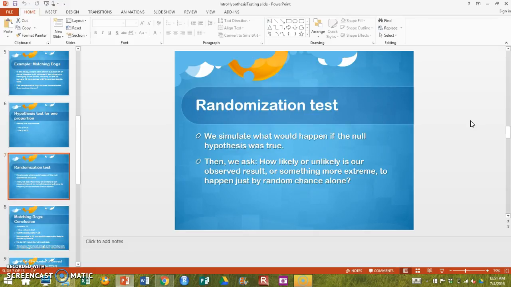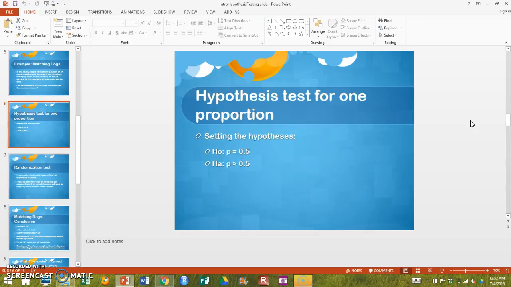So again, to conduct this randomization test, we need to look at a world, we need to run a simulation where we assume that the null hypothesis is true. In other words, we need to run a simulation such that the assumption is that the true proportion of interest is actually 0.5. That's our null hypothesis.